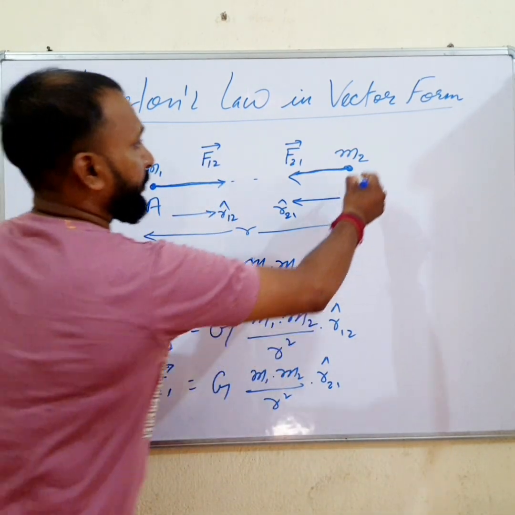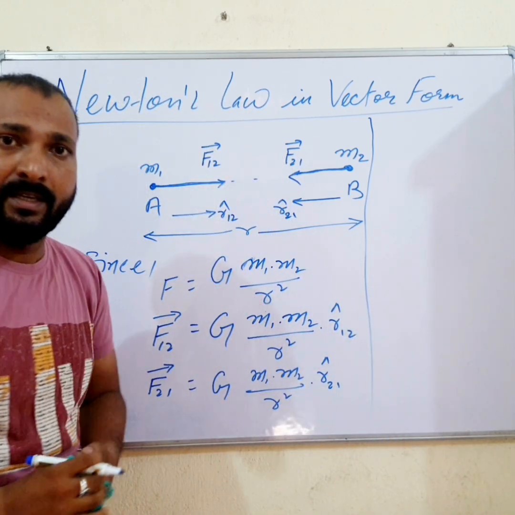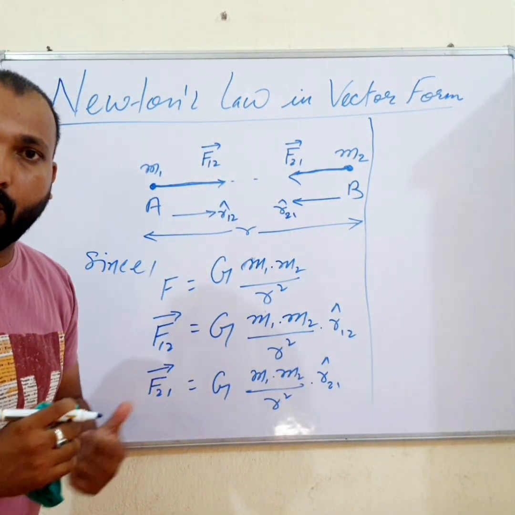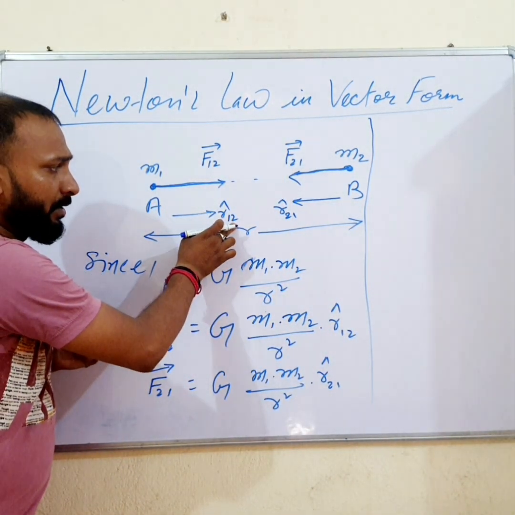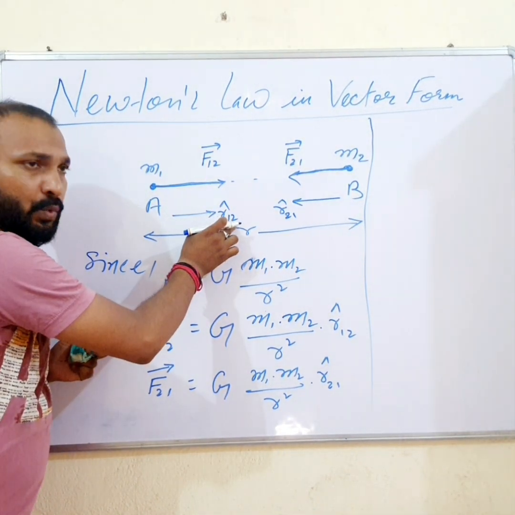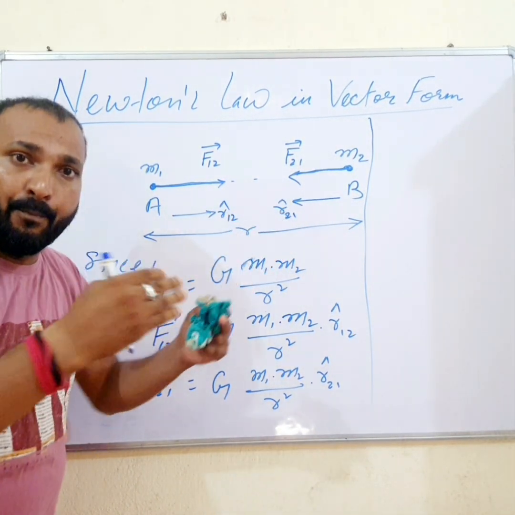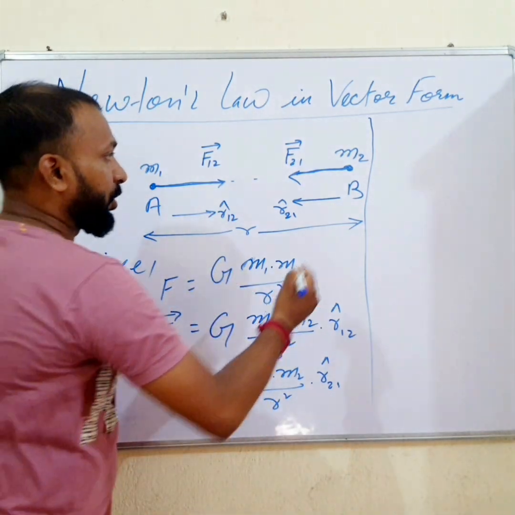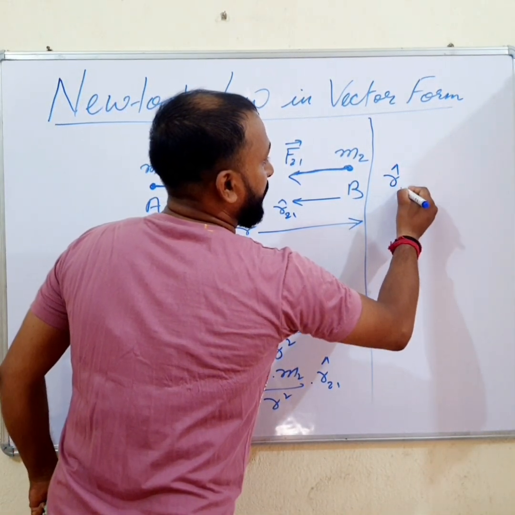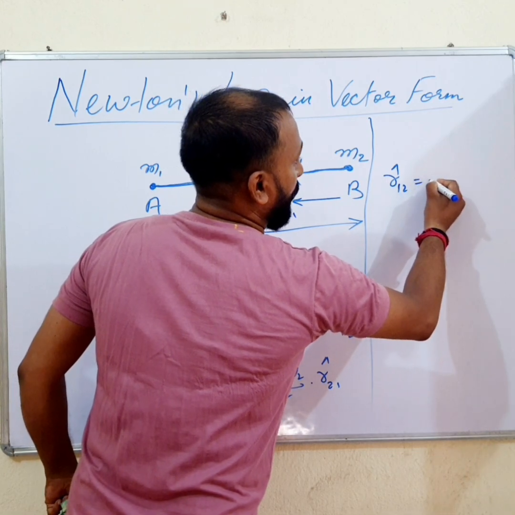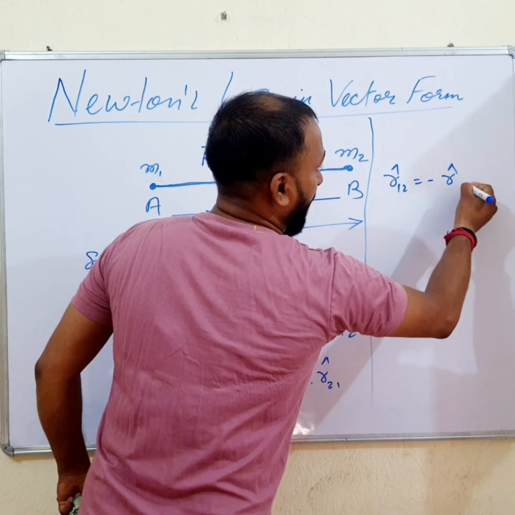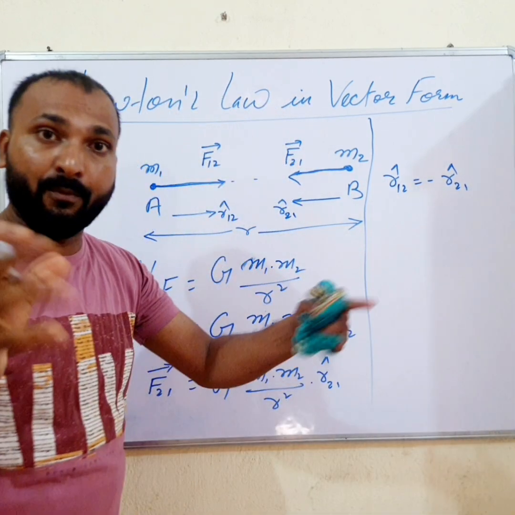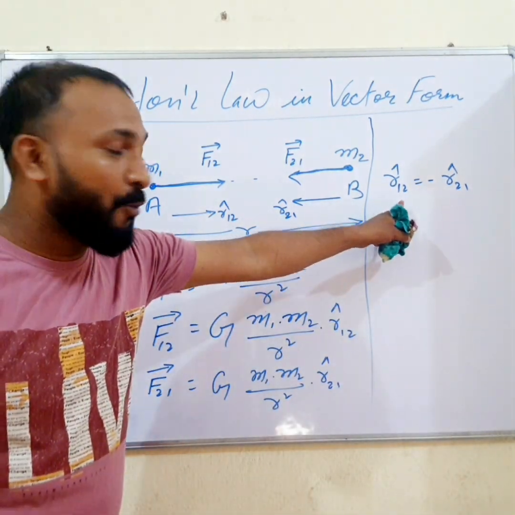But here we recognize one thing. This r cap 12 and r cap 21 are both in opposite directions, opposite in nature. So r cap 12 equals minus r cap 21. Both are opposite in nature.